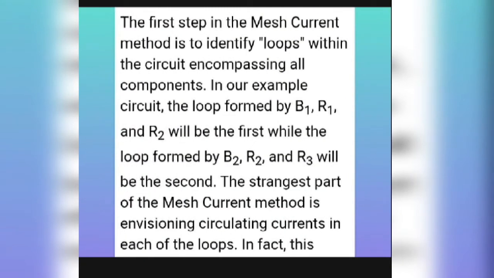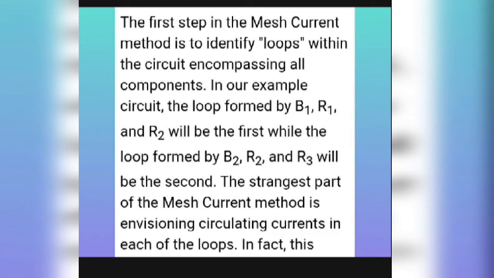The first step in the mesh current method is to identify the loops within the circuit, encompassing all the components. In our example circuit, the first loop is formed by B1, R1 and R2.